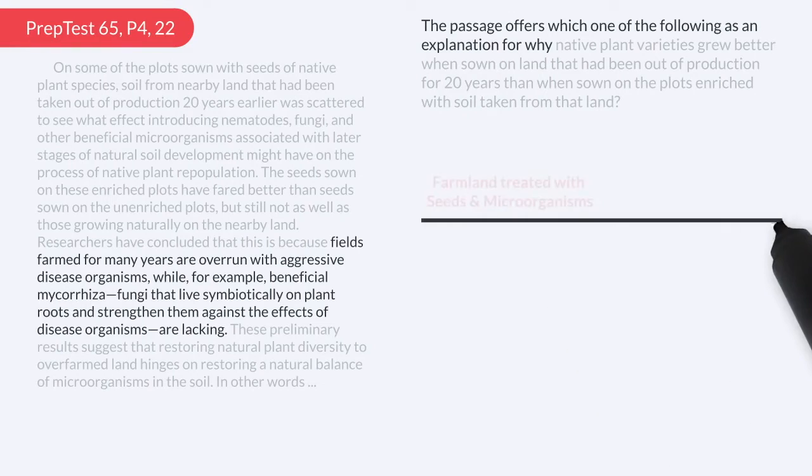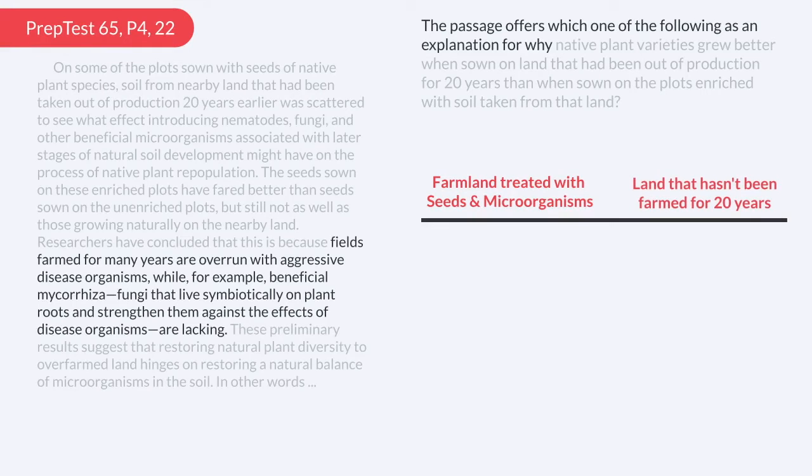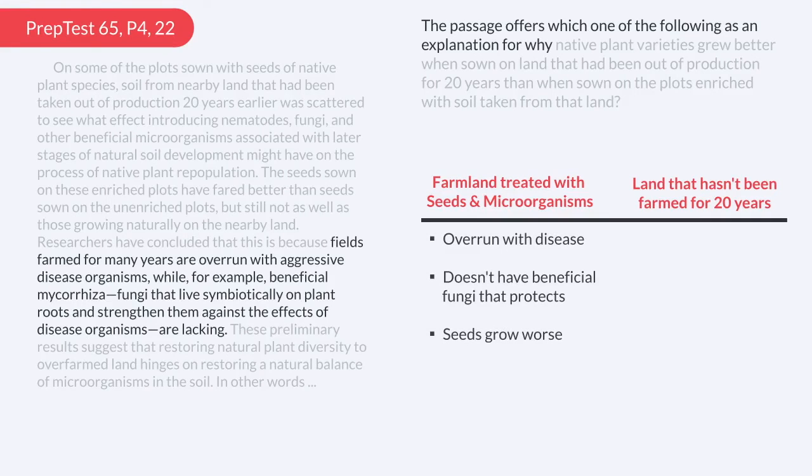We're comparing the soil that we had been doing from paragraph 2 with the native seed blend to soil from nearby land that hasn't been farmed in 20 years. And what they're saying is the farmed land has a lot of disease organisms, but it doesn't have these beneficial fungi that would fight the disease organisms.